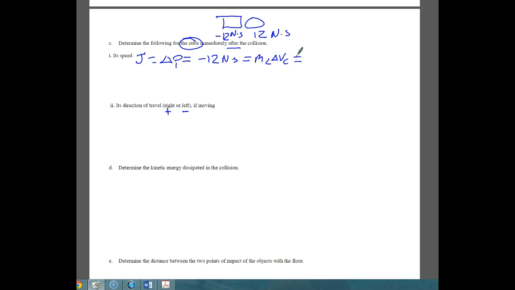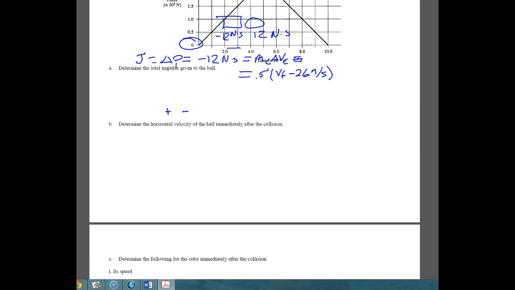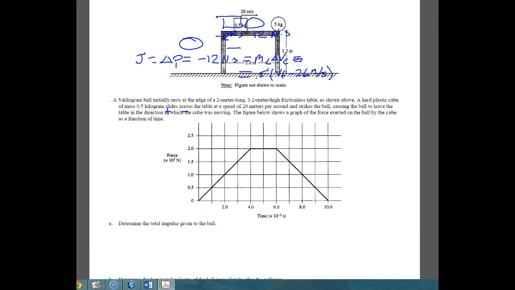The mass of the cube was 0.5 kilograms, and the change in velocity is the final velocity minus 26 meters per second. If we go back up, we'll see that its original speed was 26 meters per second.